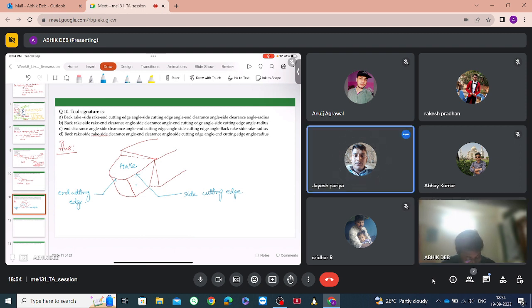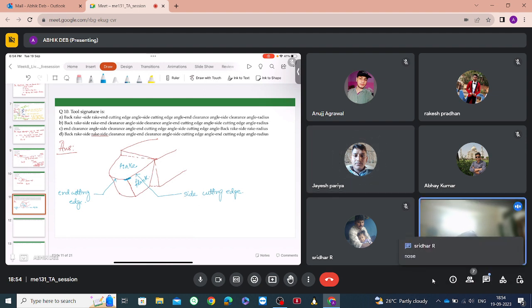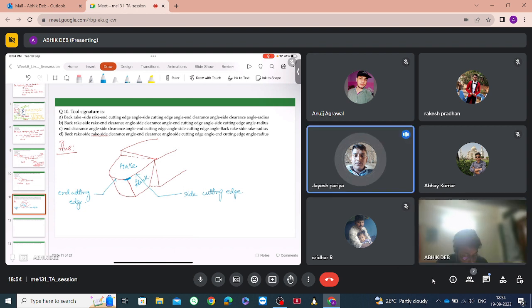Flank. Yes, correct. So this is the flank. And what is this, the area that I am marking? Nose radius. Yes. So this is the nose radius.